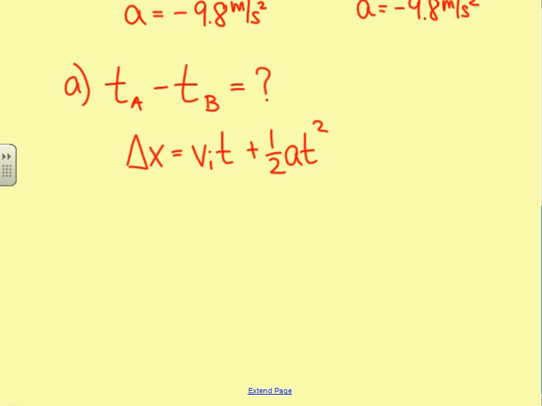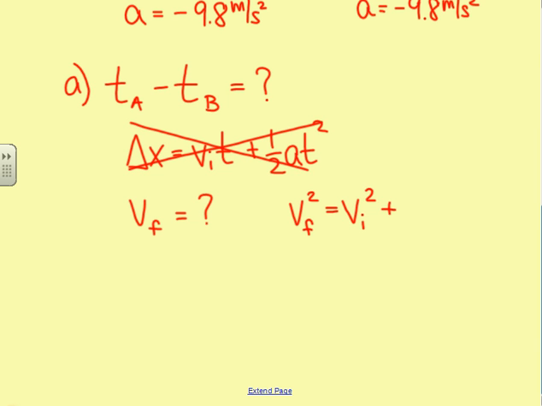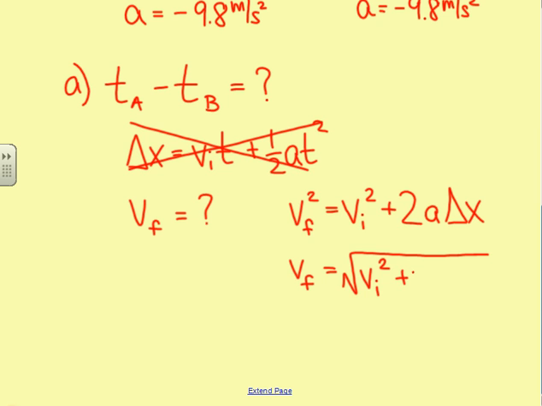The other way, instead of using this equation, would be to first solve for the final velocity so that we have another piece of information. I'm going to choose the equation that doesn't have time in it since I don't know time, which is this equation here. Final velocity in this equation is the square root of the initial velocity squared plus 2 times acceleration times displacement.